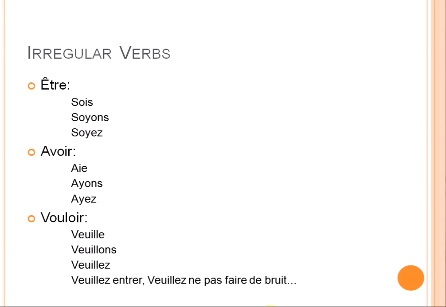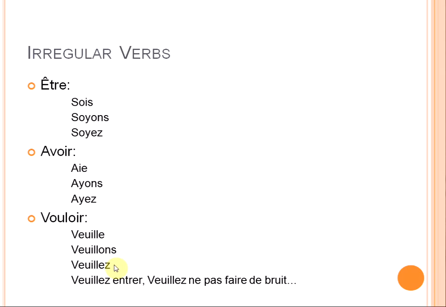Okay? We've got, of course, irregular verbs, and they are important. The first of them is the verb to be, and we will say in this case, sois, soyons, soyez. With the verb to have, or avoir, it's aie, ayons, ayez. With the verb vouloir, to want, veuille, veuillons, veuillez.